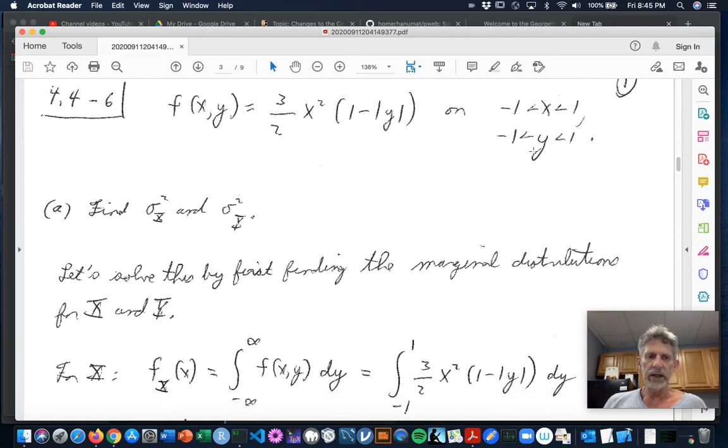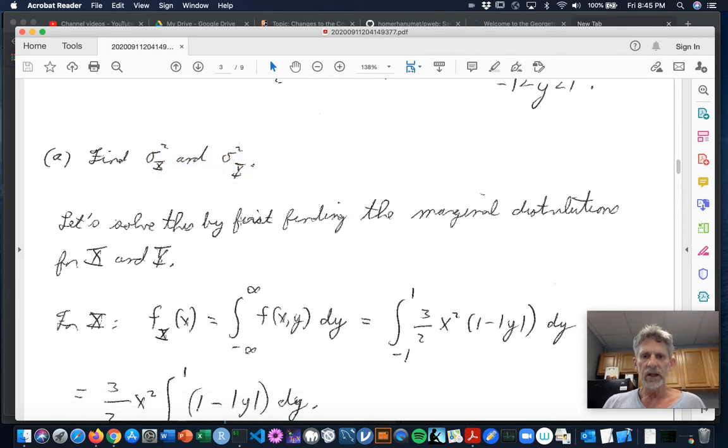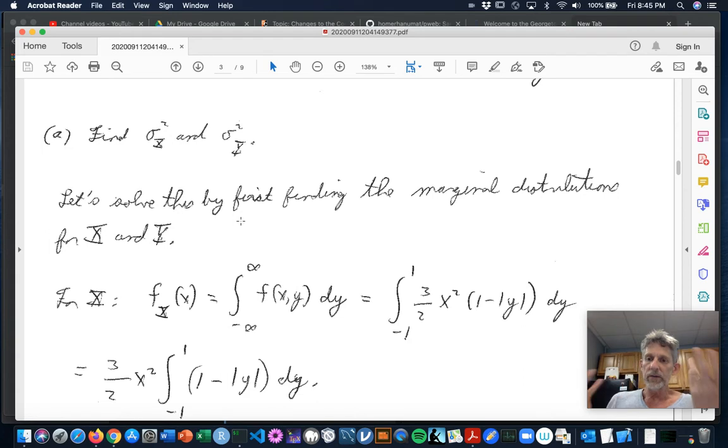And you're supposed to find such things as the variance of x and the variance of y. So tell you what, I am first going to just find the marginal distribution for x, and then I'll go and get its variance. So that's one way to approach the problem.